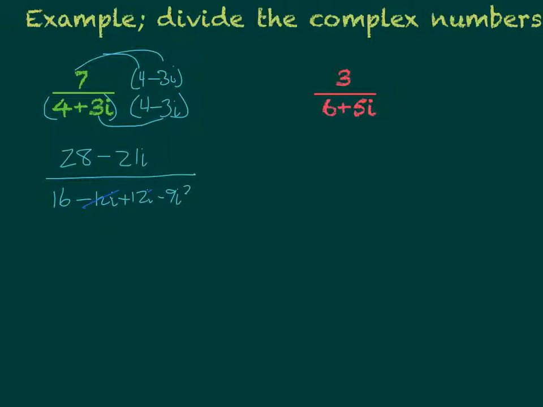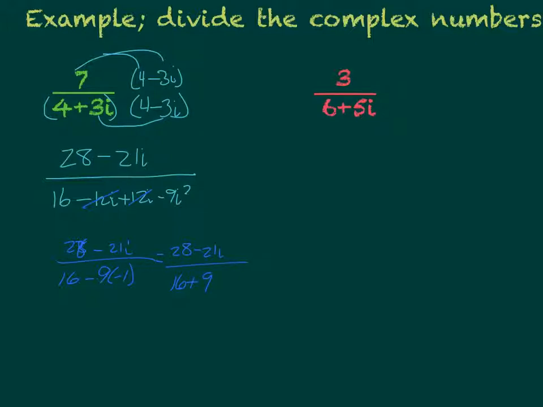So my 12i's cancel out, leaving me with 28 minus 21i over 16 minus 9 times negative 1, which is 28 minus 21i over 16 plus 9.